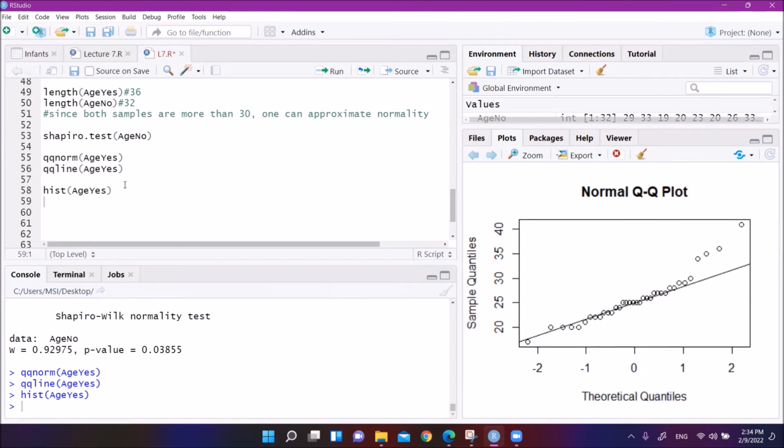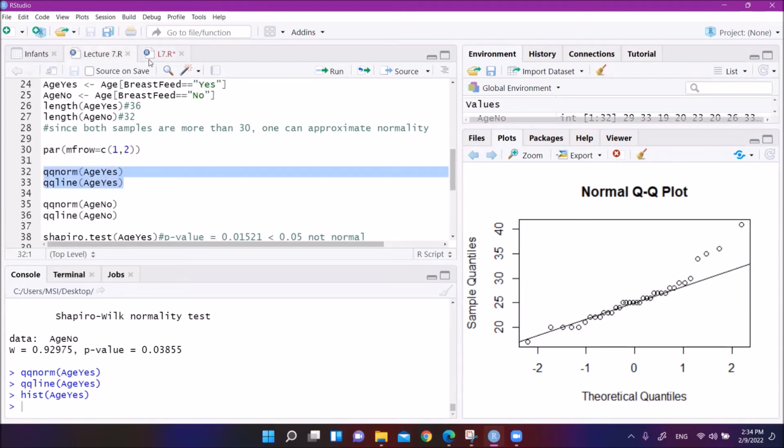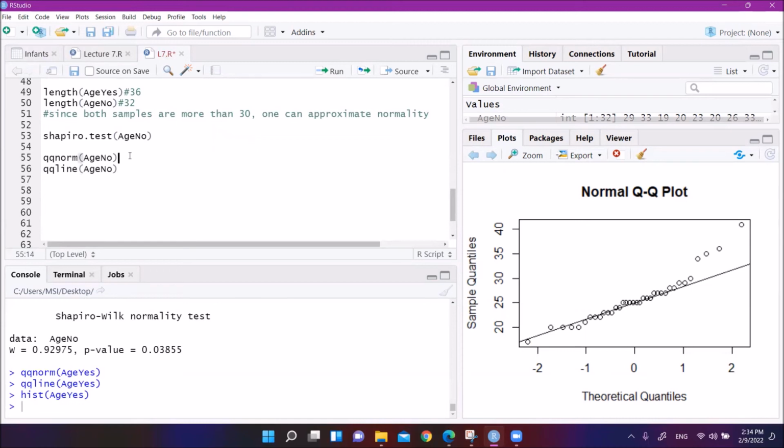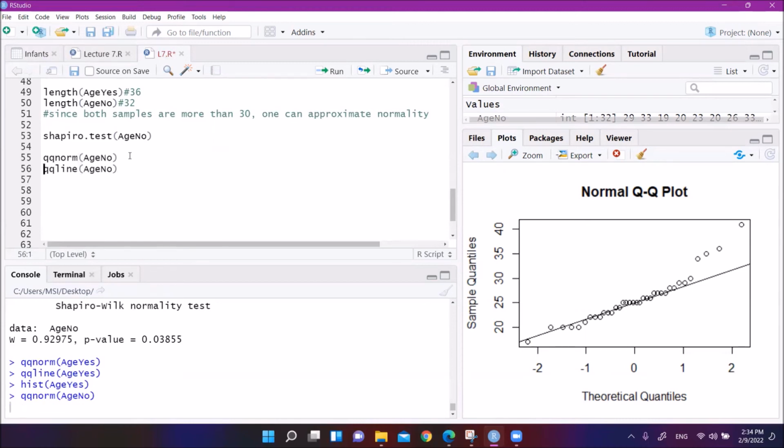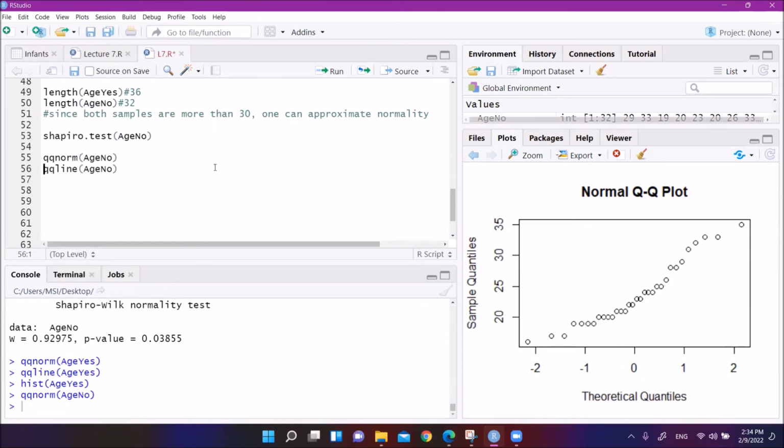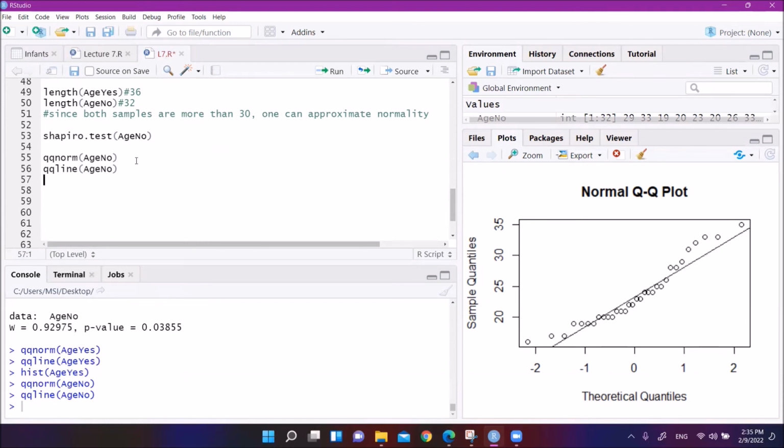Same thing you can do for age no. Don't worry if I erase these things, because I'm going to upload this particular script to you. So I'm going to get the QQ plot for the age no variable and then the QQ line.